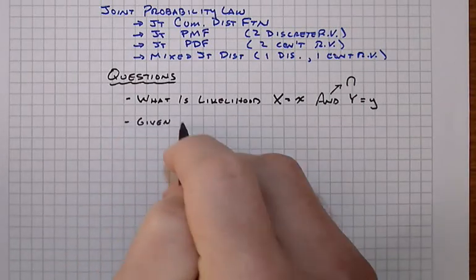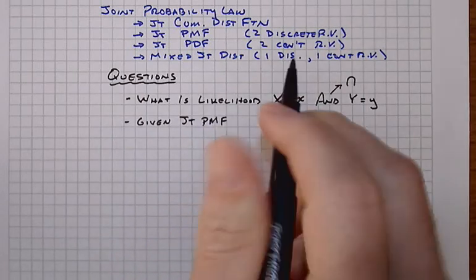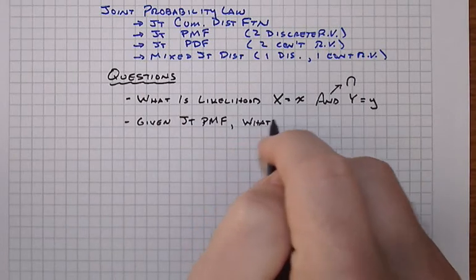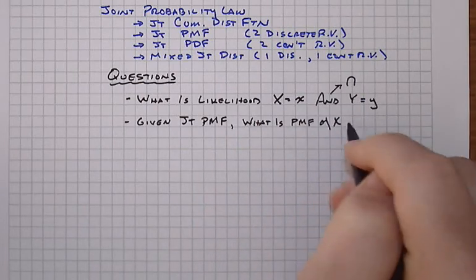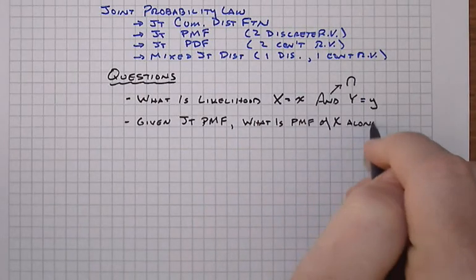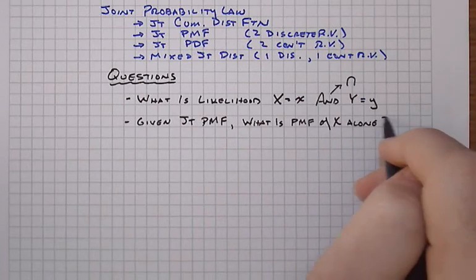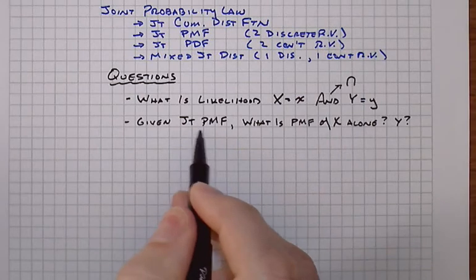Or given our joint probability mass function, say for two discrete random variables, what is the probability mass function of x alone, what we'll call the marginal PMF of x? And likewise, we might be interested in just the y, given that we have some information about the joint.